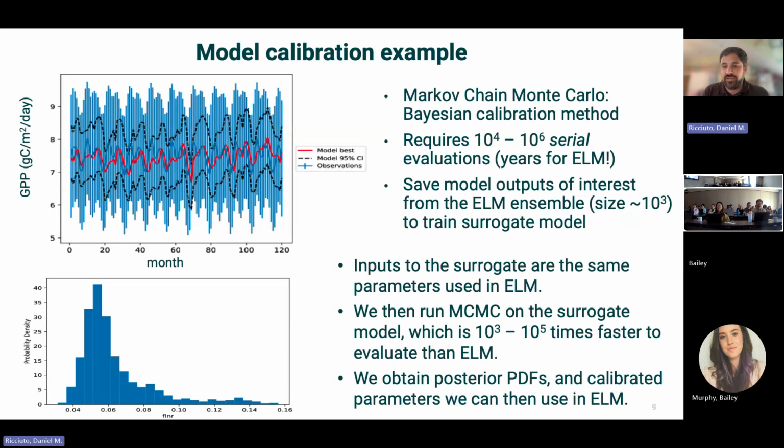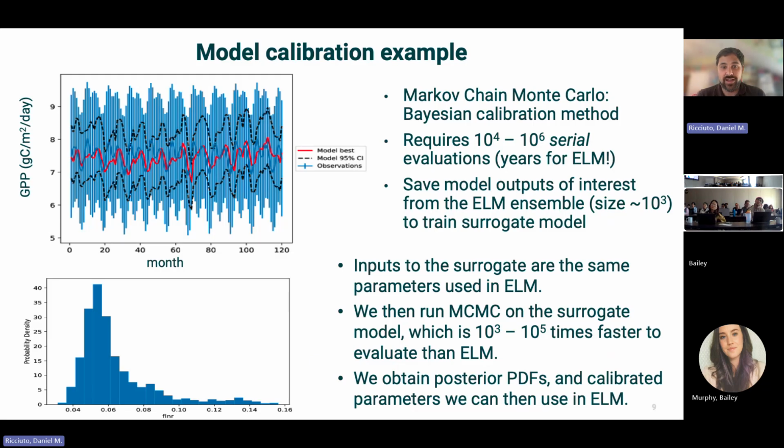So here's just a brief example of calibration. To do calibration, we're using a technique called Markov chain Monte Carlo. This is a Bayesian calibration method that requires typically lots of evaluations. In addition to providing the posterior maximum or best set of parameters, it also gives you confidence intervals around both the parameters and the outputs, which can be very useful as well.